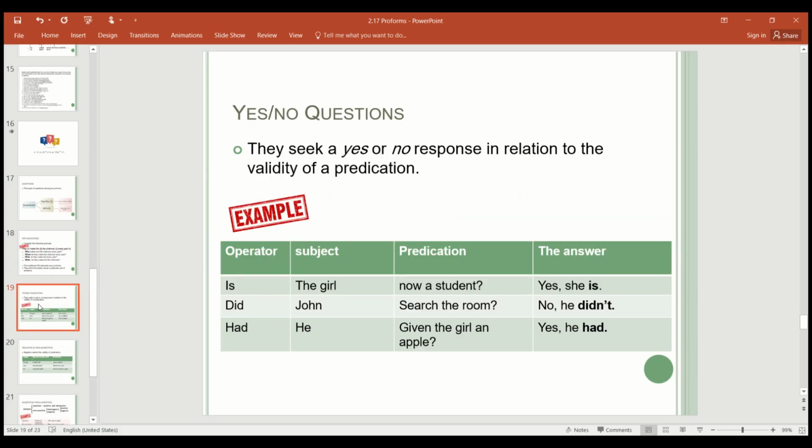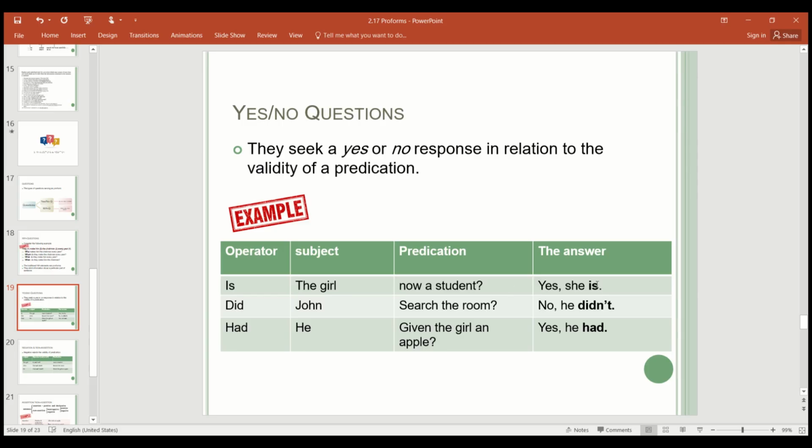The other type is the yes-no question. In the yes-no question, you would find that the omission of the information, or let's say the proform, is shown in the answer of the question, not the question itself. So the question is, is the girl now a student? The answer would be yes, she is.